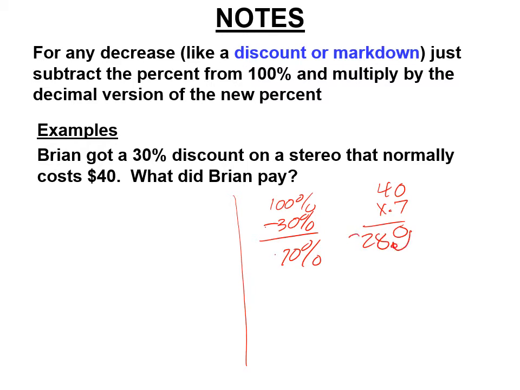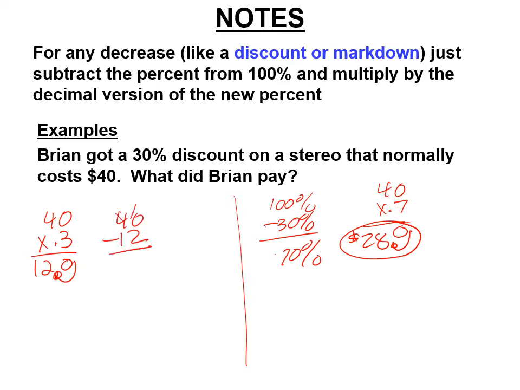He paid $28, okay? Now that's, I think, the better method as long as you can do the percent part in your head. Now, if you can't, then you're stuck doing 30% of 40, which is 12, and then you subtract the 12 from the 40. You're going to get the same exact answer, $28. Two methods of doing the same thing.